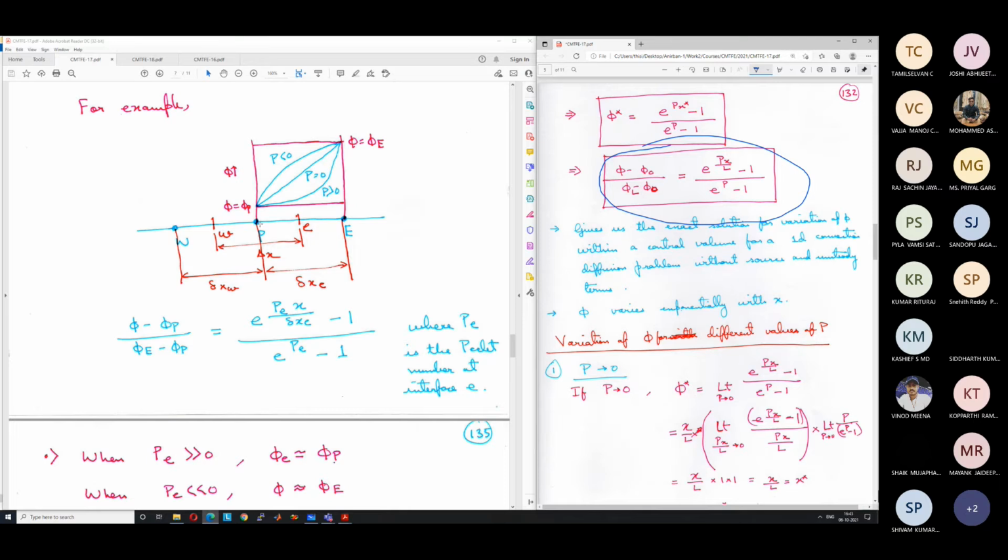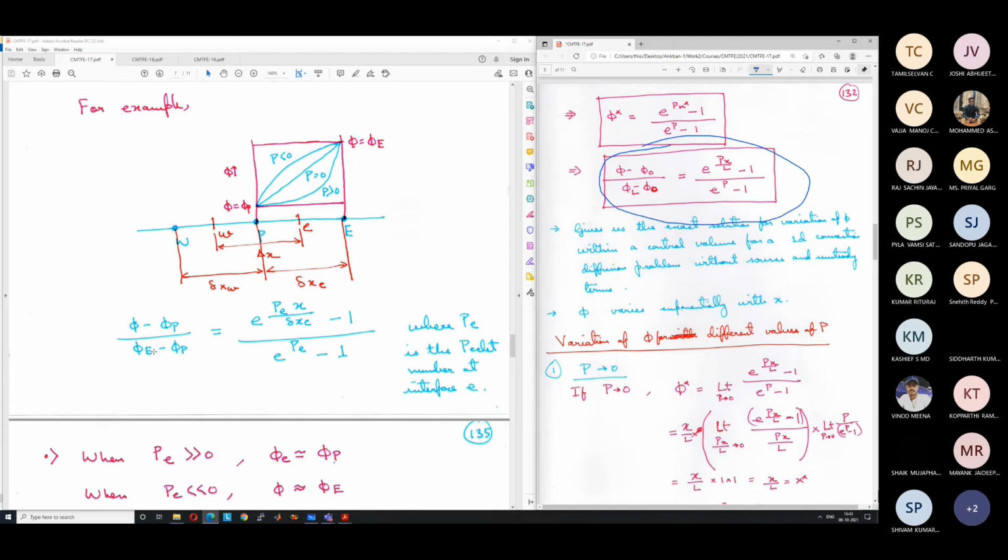Between these two grid points, the variation will be e to the power Pw x by delta xw minus 1, by e to the power Pw minus 1. Something like that. This length will be there. And your left side will be phi minus phi W by phi P minus phi W. Phi minus phi W, because phi W is on the left hand side and phi P is on the right hand side.